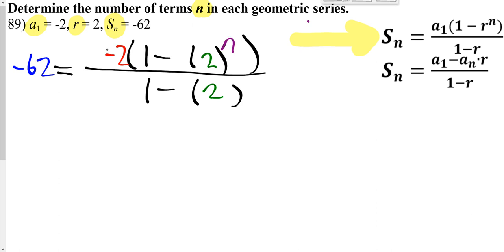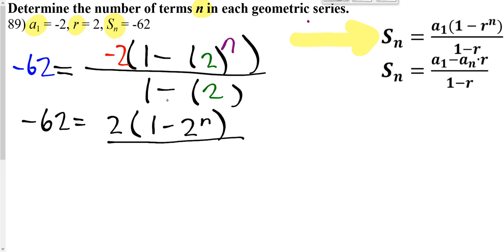So to do this, when r is positive, we don't really need that extra set of parentheses. So I'm going to just write it like that. On the bottom, if I work that out, you will notice we end up getting -1. So I need to get rid of that by dividing both sides by -1.